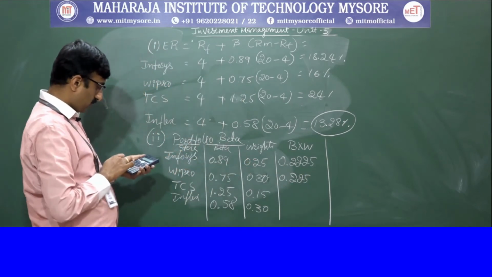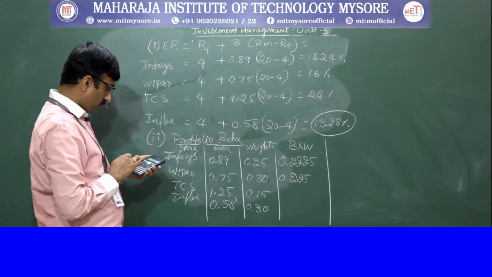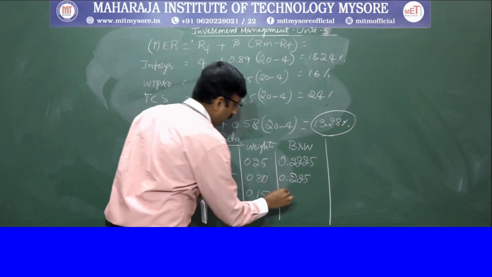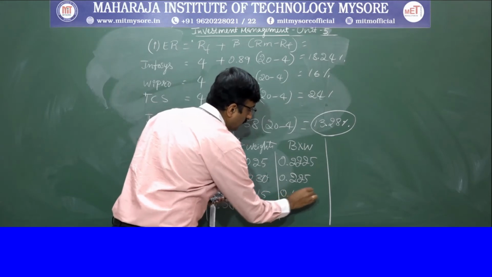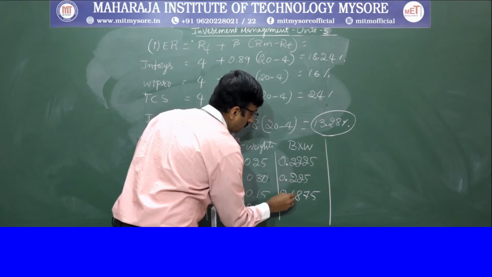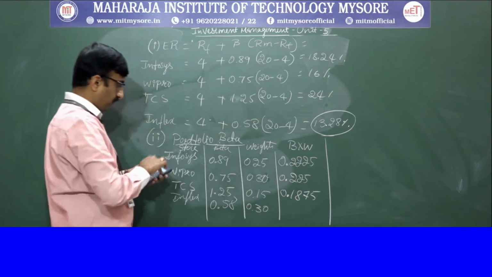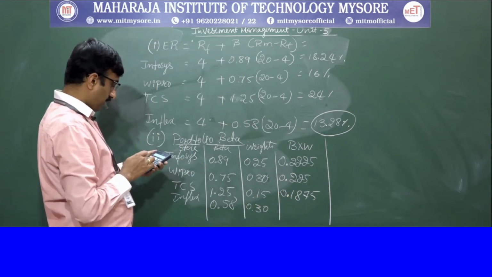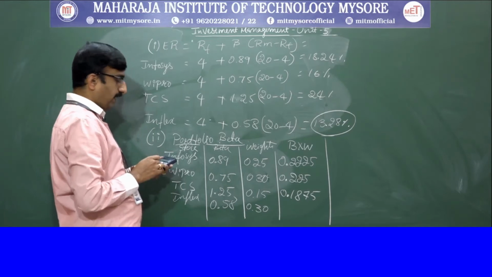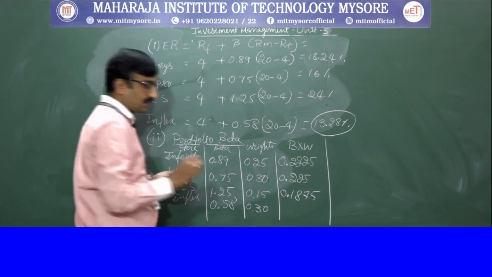Next, 1.25 into 0.15, you will get 0.1875. Next, 0.58 into 0.3, you will get 0.174.